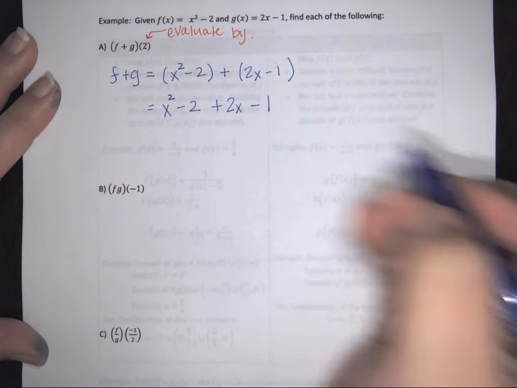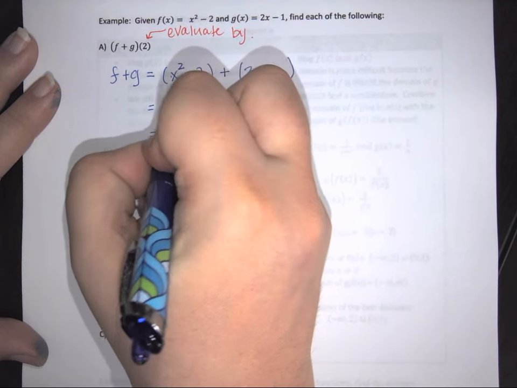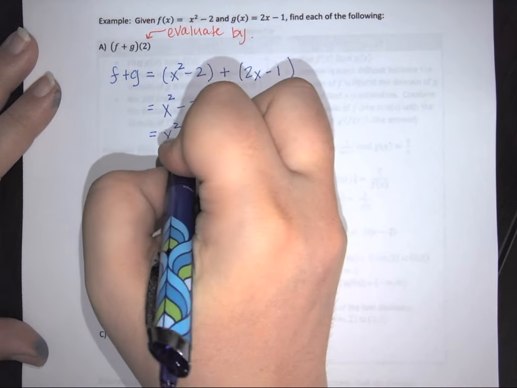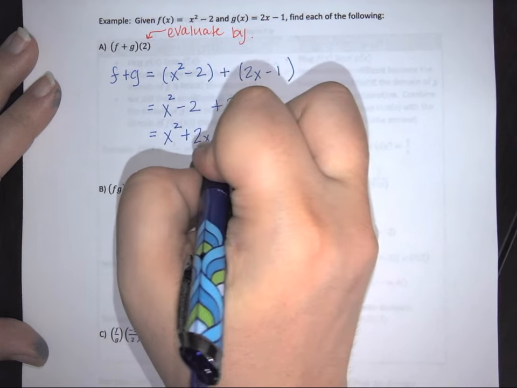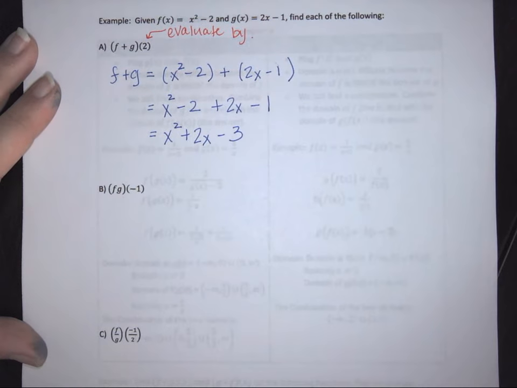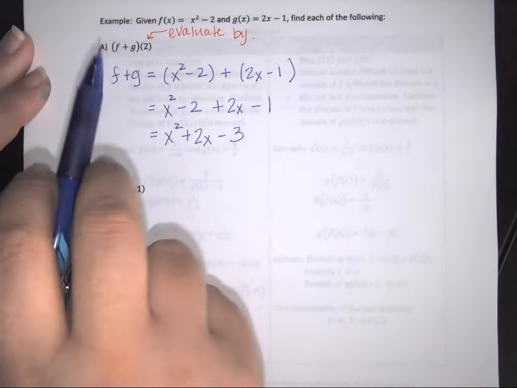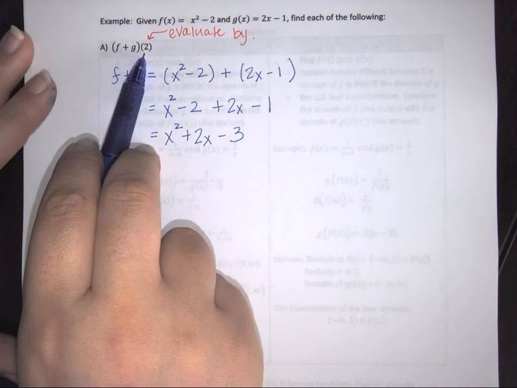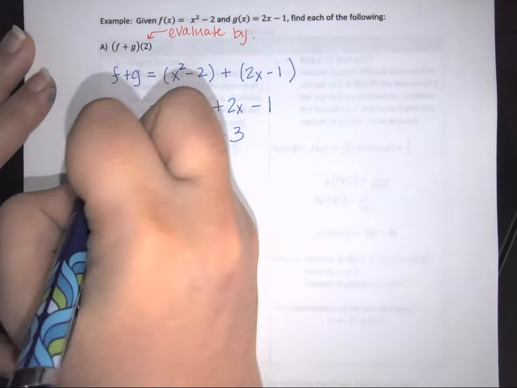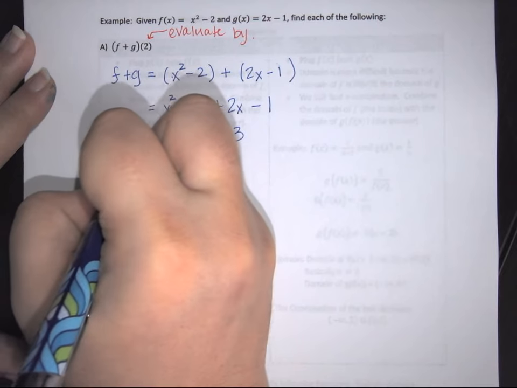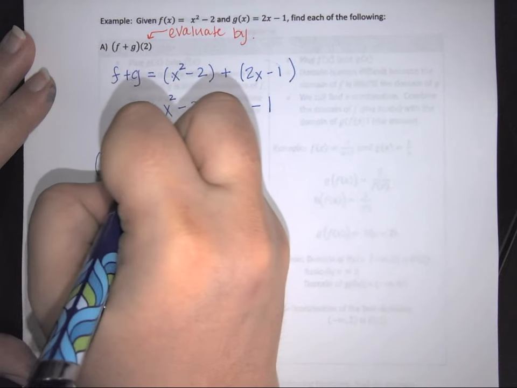You need to combine your terms, so this is x squared plus 2x minus 3. Now I need to evaluate by my term, and my term here was a 2.